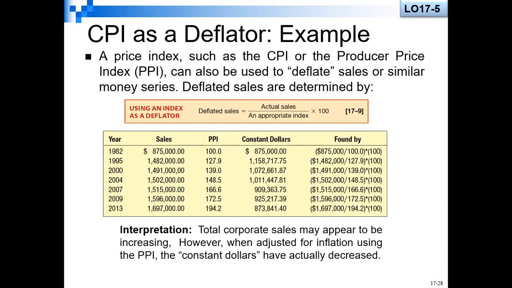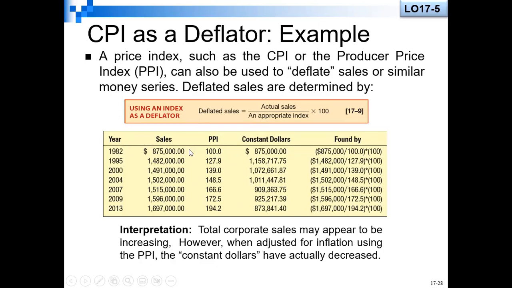All right. You also have a producer price index, which is the index of prices that producers and manufacturers face. And again, this is a simple index here. The PPI base is 1982. This is just a simple index of output, or the cost of materials.